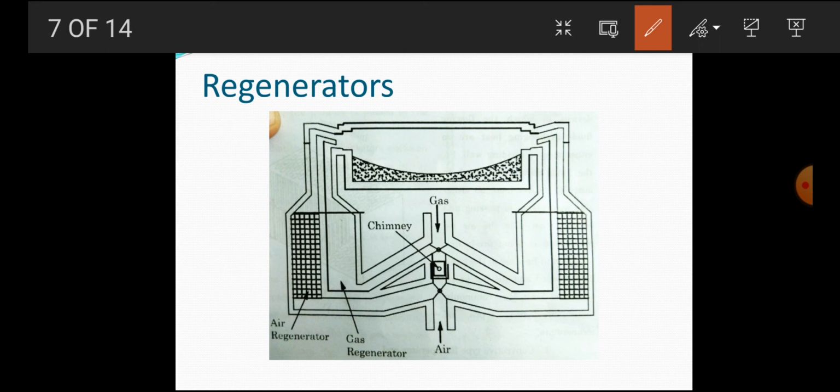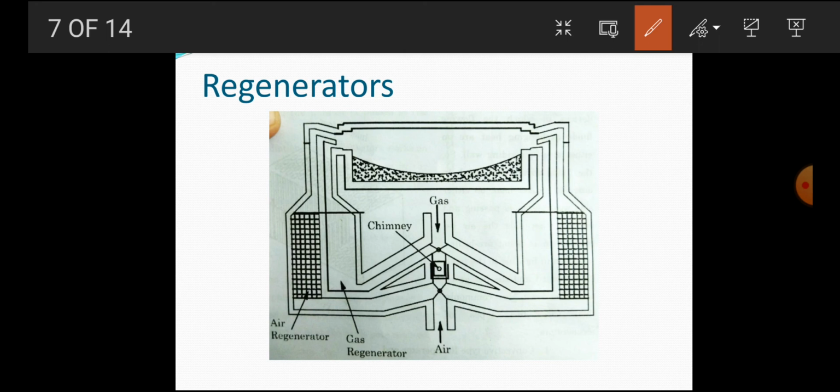What happens in a regenerator is that once you pass the hot fluid, that heat is stored in the space, then you pass the cold fluid, and that heat is absorbed by the cold fluid. So that is the concept.